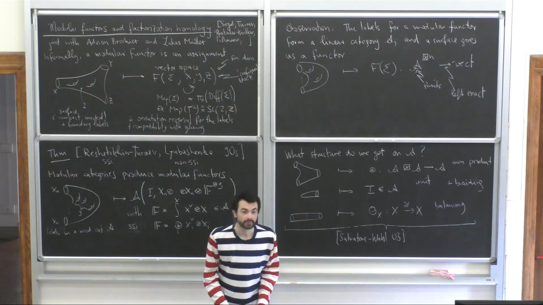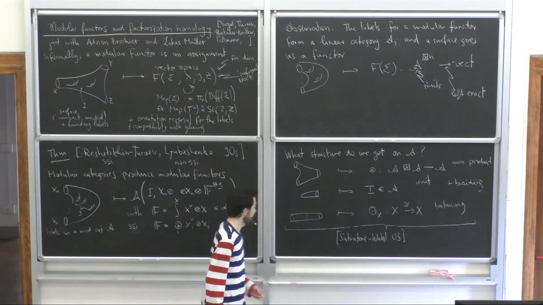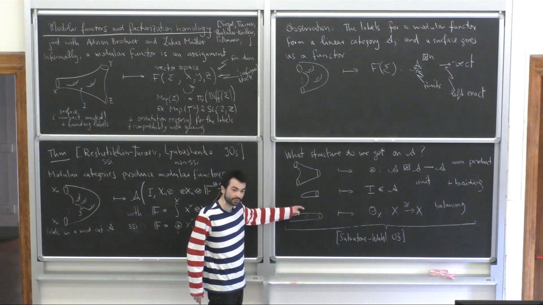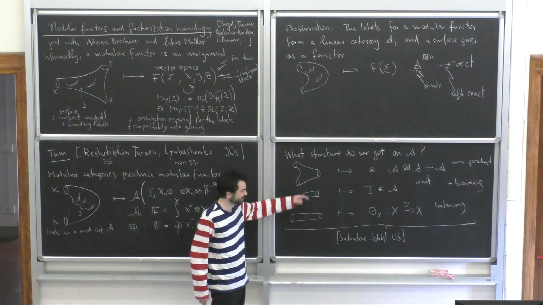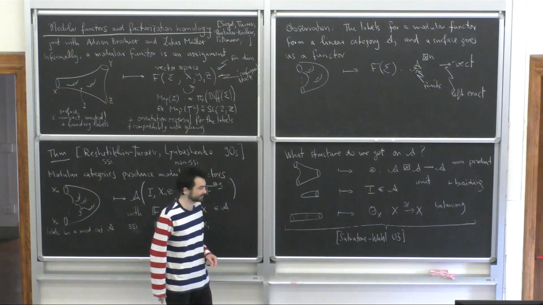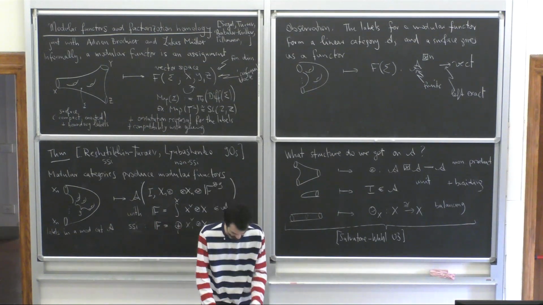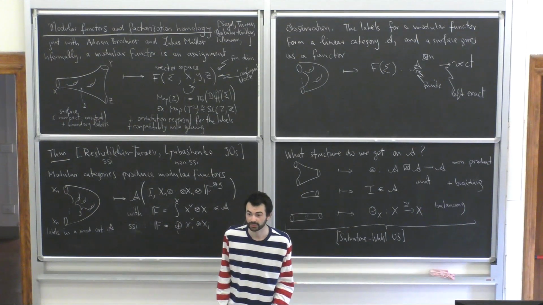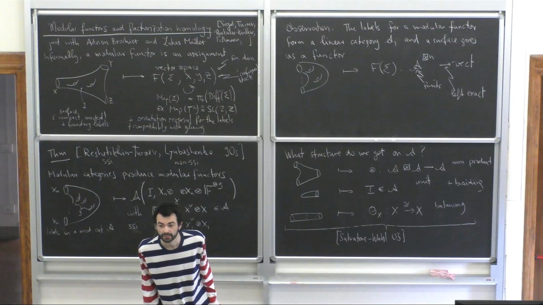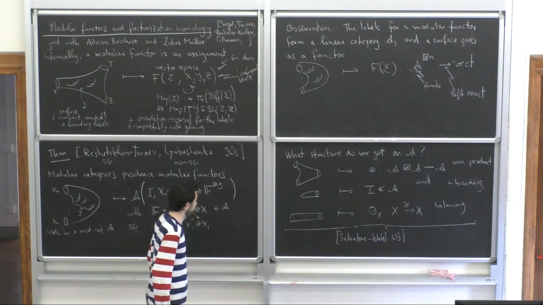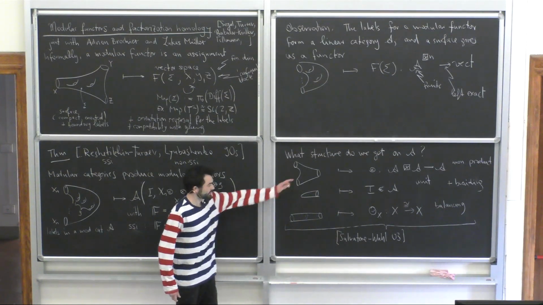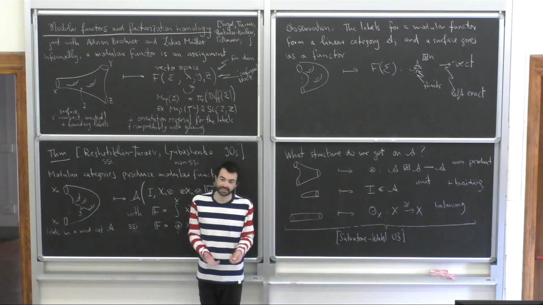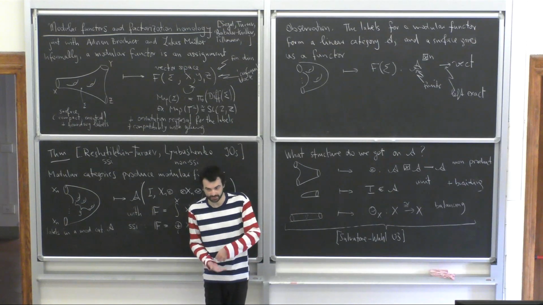Why does the cylinder not give the identity? It gives the identity as a functor, but the Dehn twist will give you an automorphism of the identity functor. It's on a different categorical level. So the surfaces give you functors, and then the mapping classes give you natural isomorphisms between the functors.